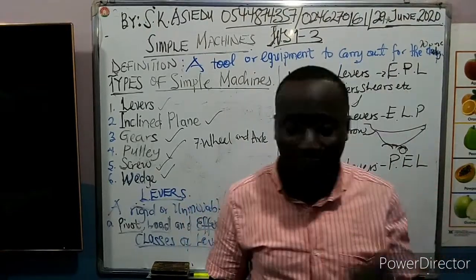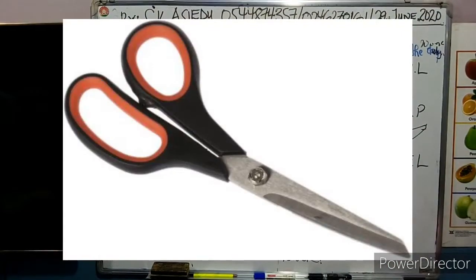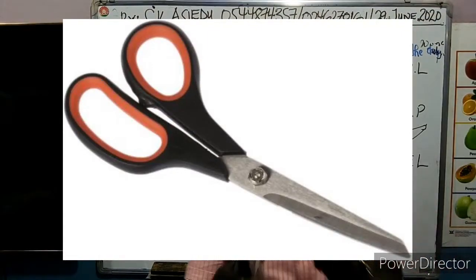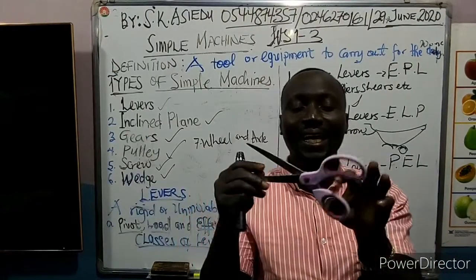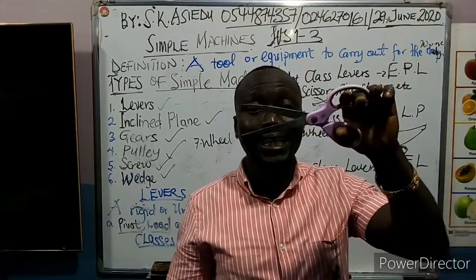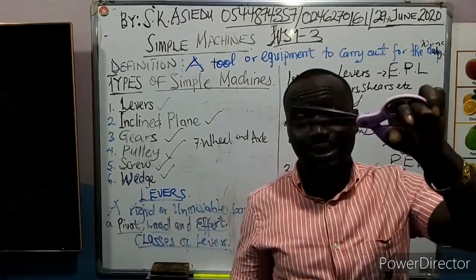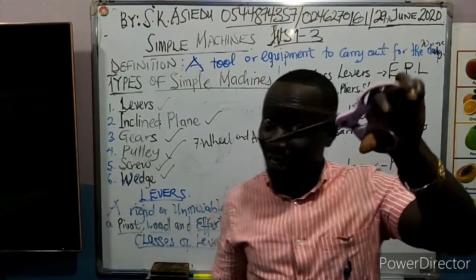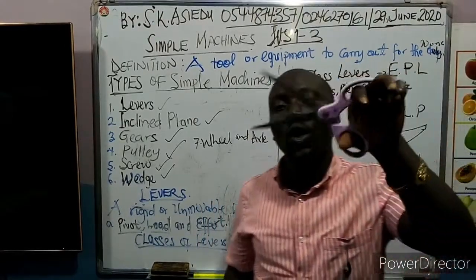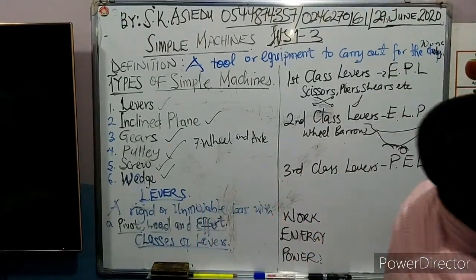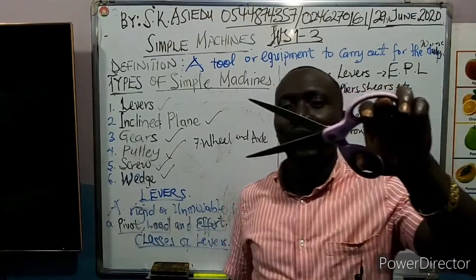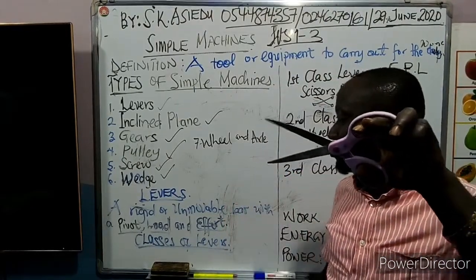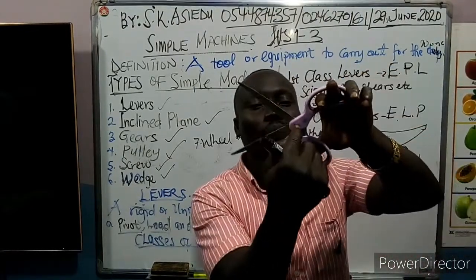For example, if I pick a scissor, with the use of scissors I can easily carry out the work of cutting a fabric or any material, paper, leather, whatever. We call this a lever because the scissors has a turning point, which is the middle.